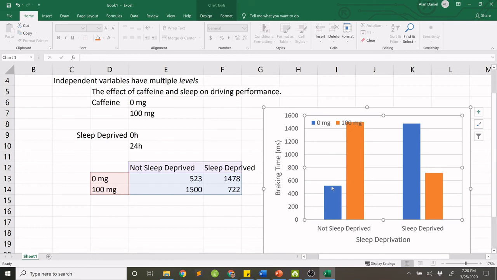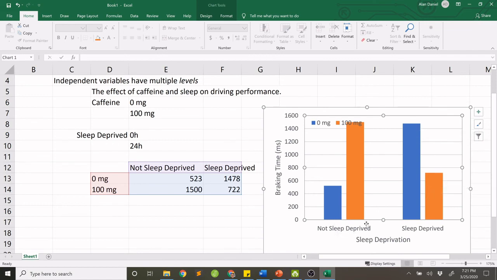Well, if you took the two groups that had no caffeine and averaged them together, and the two groups that had caffeine and averaged them together, the differences are going to come out in the wash, so they're roughly about the same. Likewise, if you look at the effect of sleep deprivation, the ones that are sleep deprived, one of them's high, one of them's low.